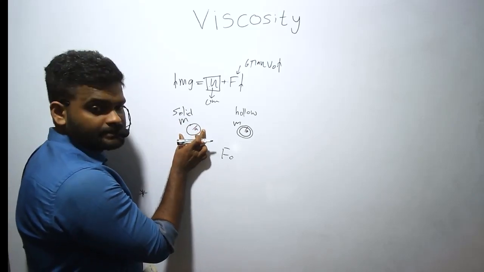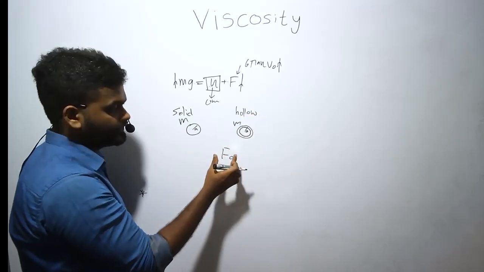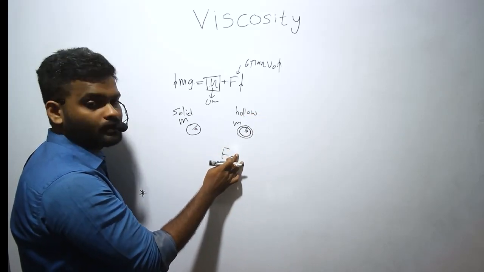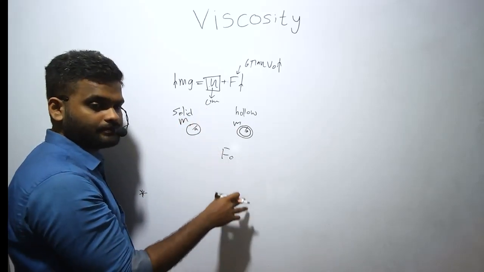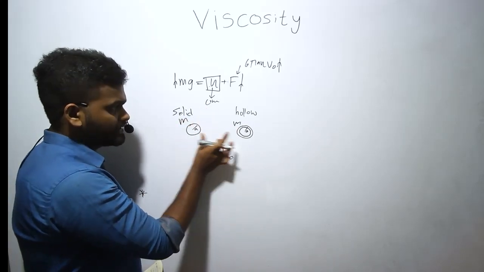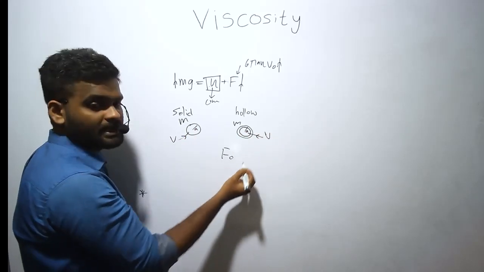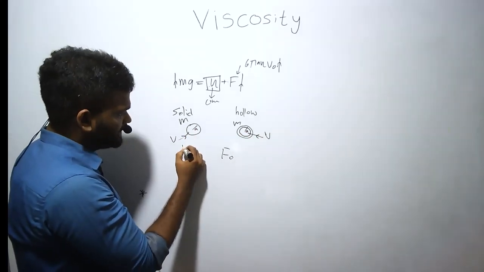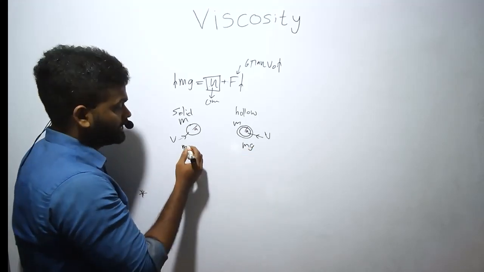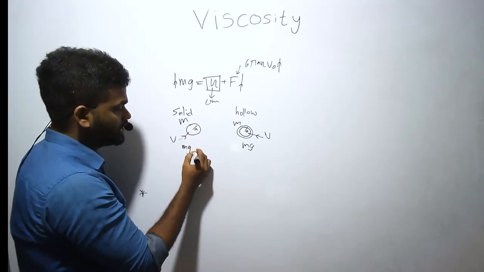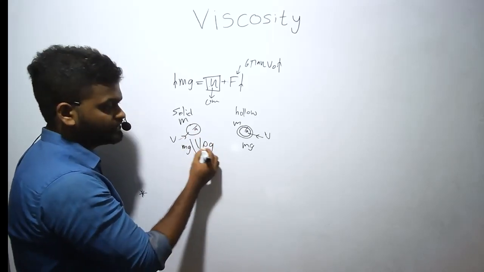You have a solid sphere, you have a hollow sphere, falling down. We are only talking about terminal velocity, not before that, at the terminal velocity and after. So both have the same mass and the same volume as well. If they have the same mass, both have the same mg. If they have the same volume, upthrust also is the same. Upthrust means V rho g, which is also the same for both.